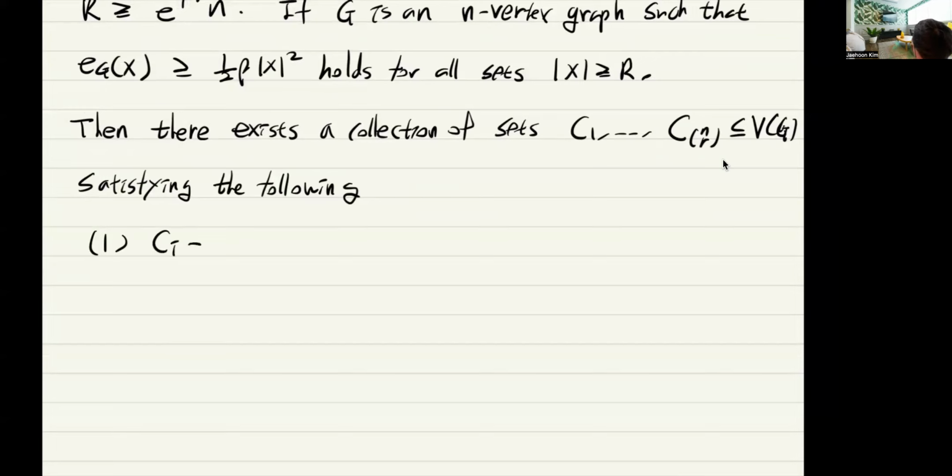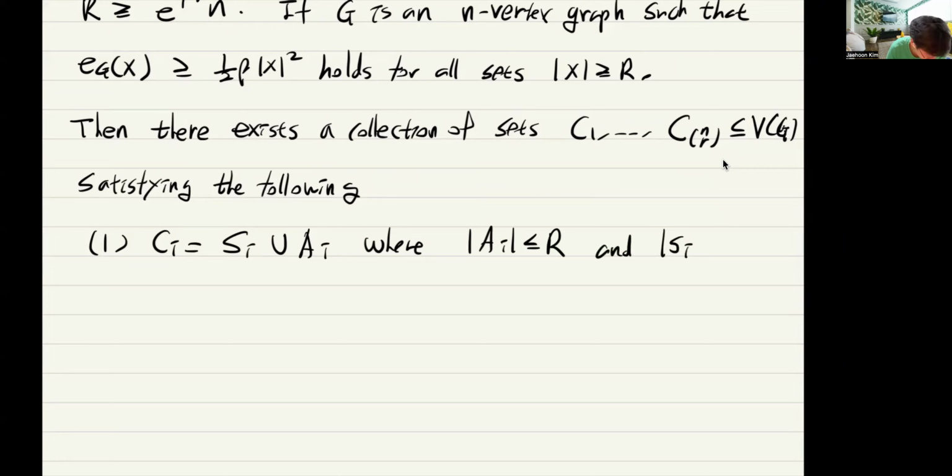Each Ci is a union of Si and Ai, where each Ai has at most capital R, and each Si has at most r, for each i with size between 1 and 2r.